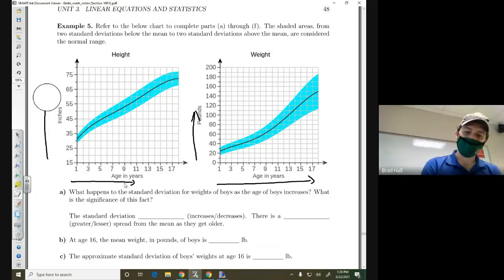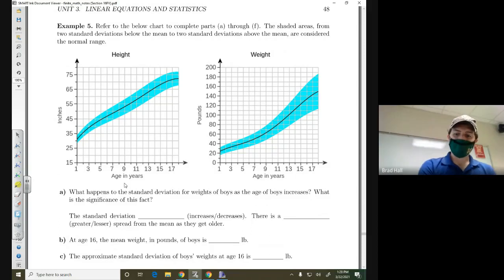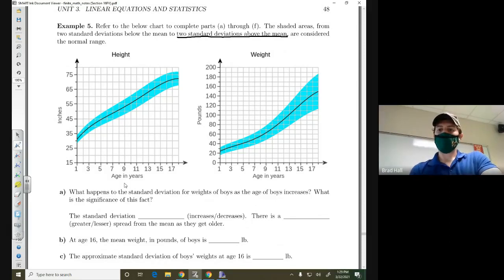So these are measured, and so the first thing they want us to do, before I start the problem, the blue shaded part, so if the black line's the mean, the blue shaded part represents 2 standard deviations from the mean, both below and up.